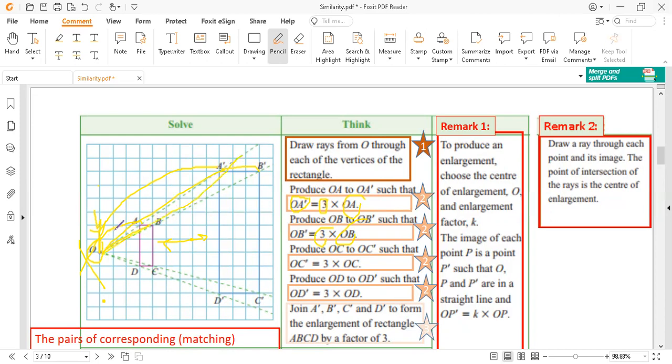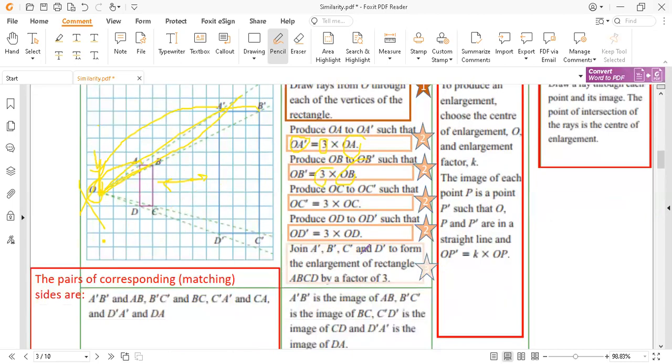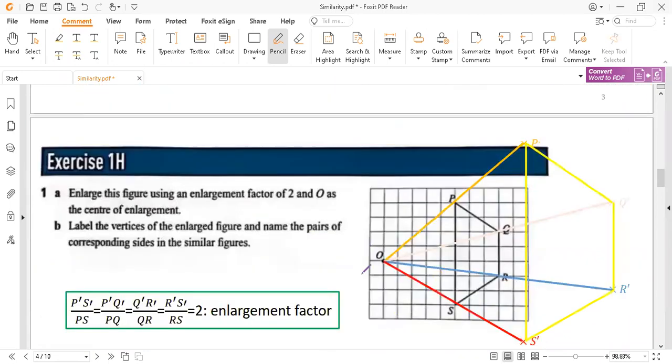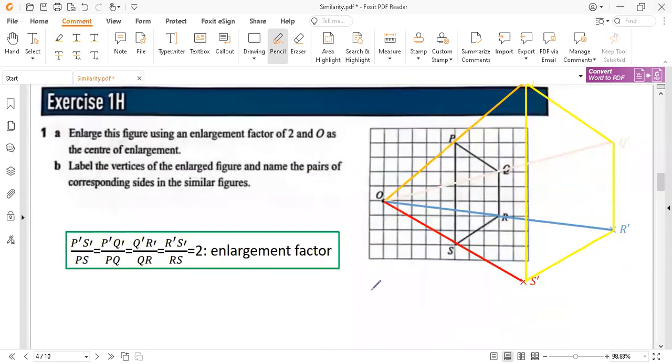A prime, B prime, they will intersect at O. So O is the center of enlargement. It is sufficient to draw two rays only.